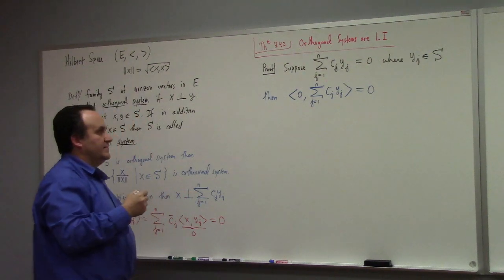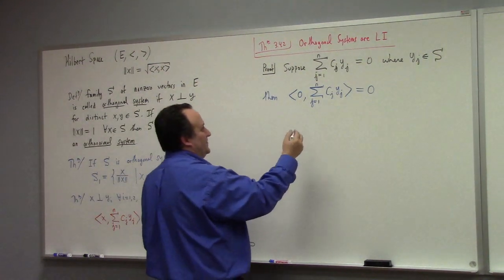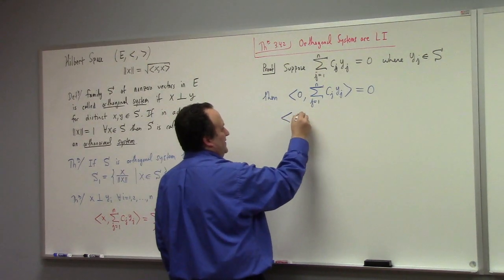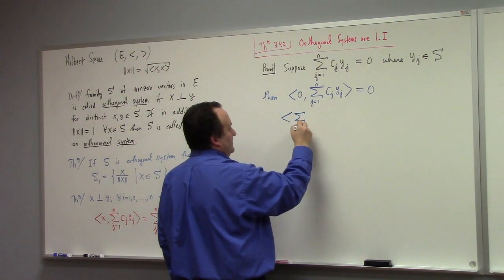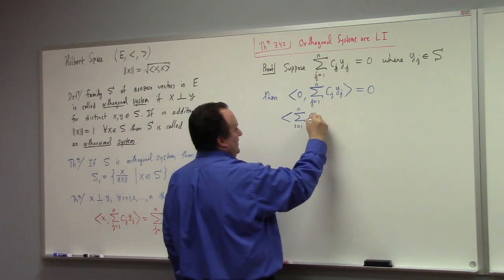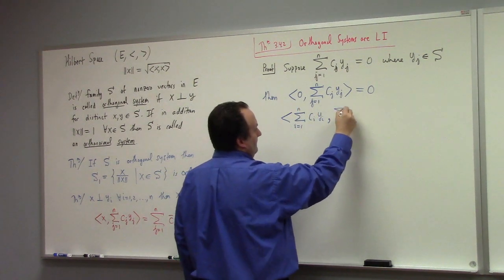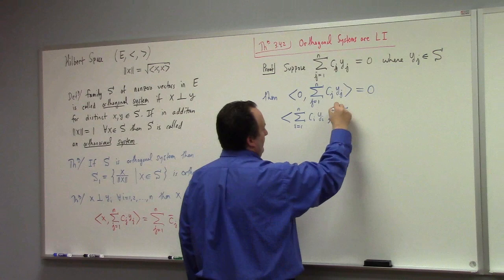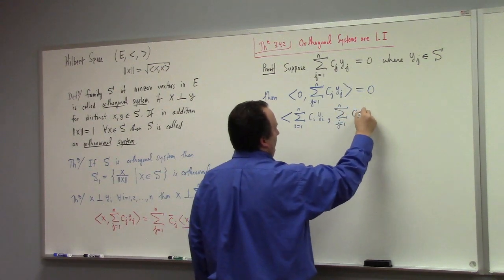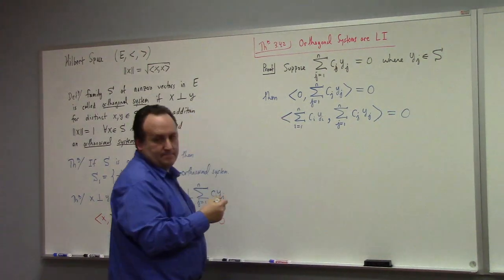But then he puts the sum in the other one as well. I don't know why he does it in two steps. So I can change the index i equals 1 to n of ci yi. That's 0, right?